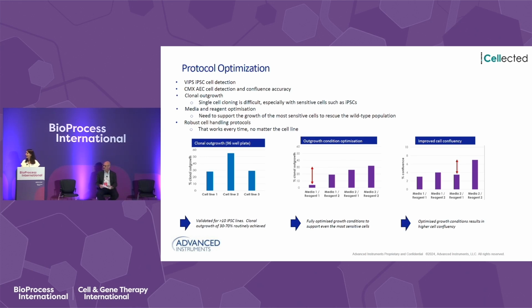They then looked at the clonal outgrowth and the success of this, followed by the media and reagent optimization. And finally, from all of the above points, they were able to develop a robust cell handling process. So you can see the data on the screen here represents the different conditions and optimization processes that they completed.